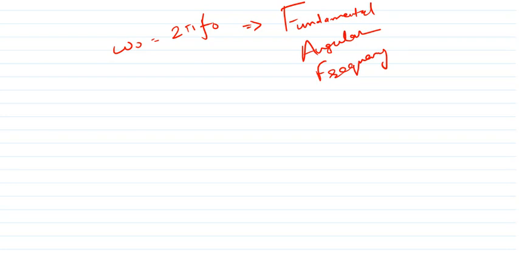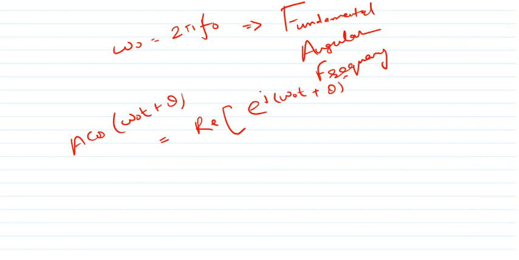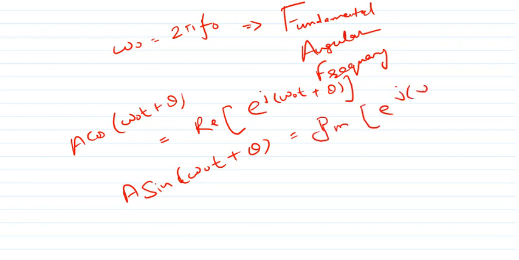Basically we can represent A cos of omega naught t plus theta as the real part of A e raised to the power j omega naught t plus theta, and A sine of omega naught t plus theta is the imaginary part of A e raised to the power j omega naught t plus theta. One important thing: if we multiply A with the imaginary part of e raised to the power j omega naught t plus theta, we get A sine of omega naught t plus theta.